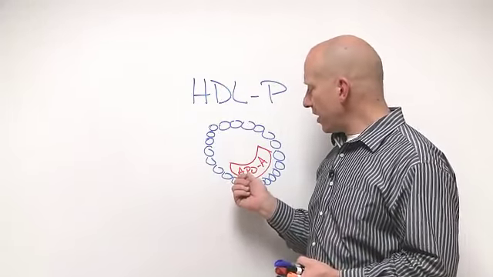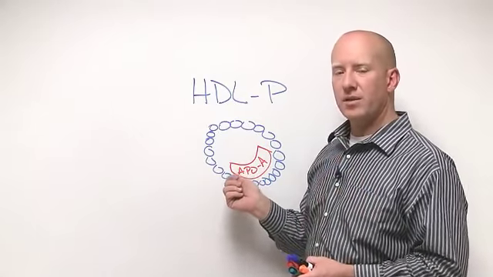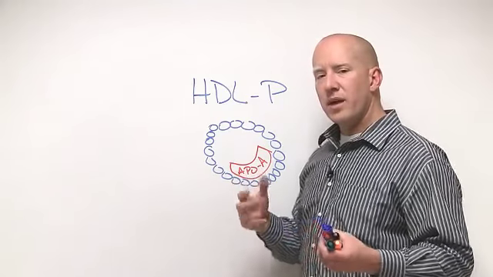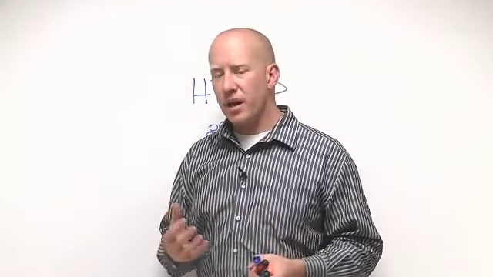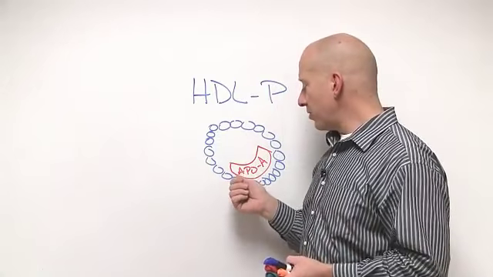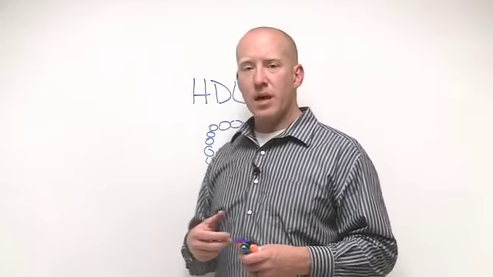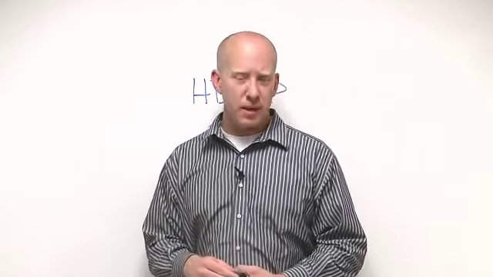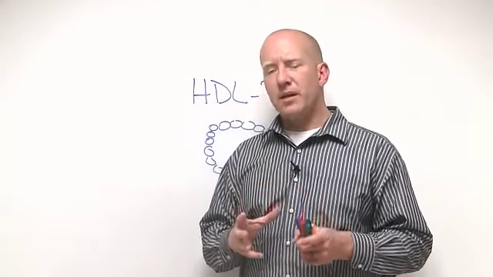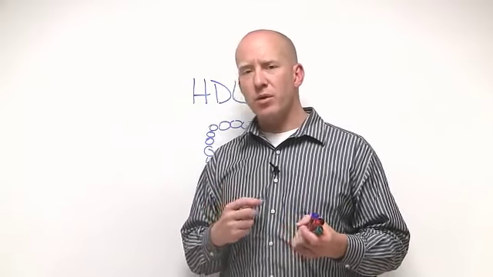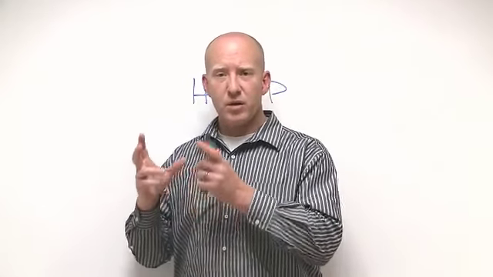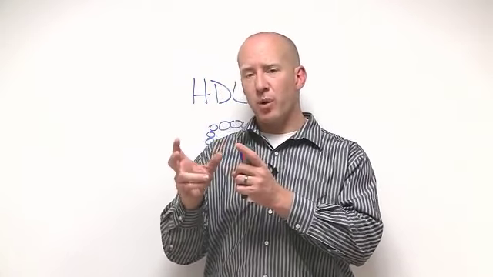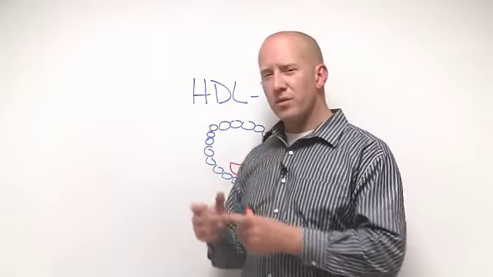Now, associated with HDL particles, but not exclusively HDL particles, is a protein called apolipoprotein A, or sometimes apolipoprotein A1. Now, if you remember the conversation about apolipoprotein B, it is considered to be a proxy or surrogate marker for LDL particle numbers, and that's because every LDL particle has an apolipoprotein B molecule or protein associated with it.